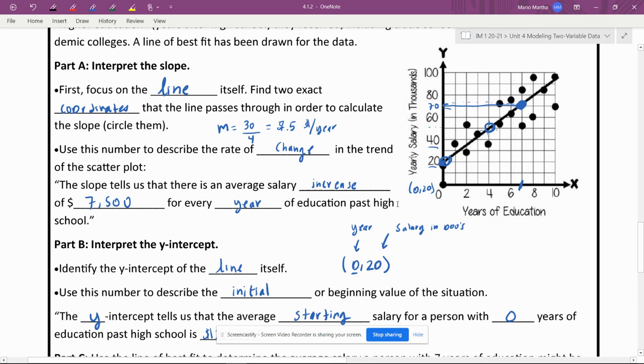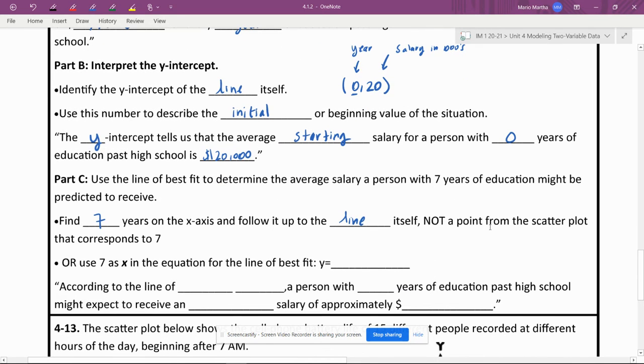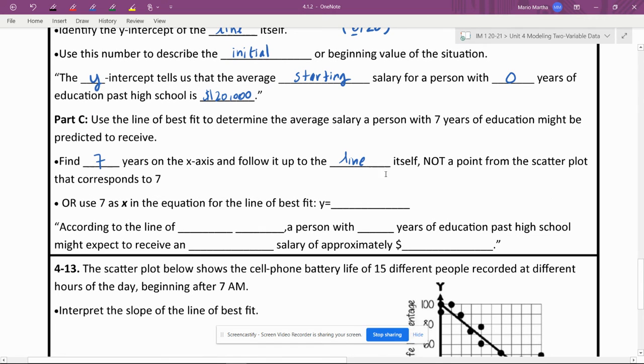Here we go. So we can say that it's not a point from the scatter plot that corresponds to it, right? So again, we want to focus on the line itself. It says, or use 7 as x in the equation for the line of best fit. In this case, we know the line of best fit has a slope, so y equals 7.5 times x, and then our initial value is 20.